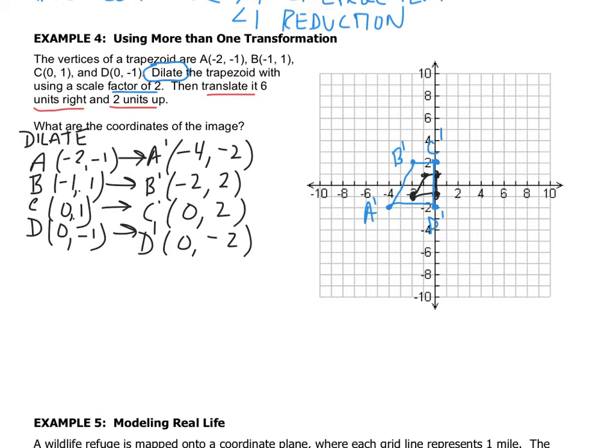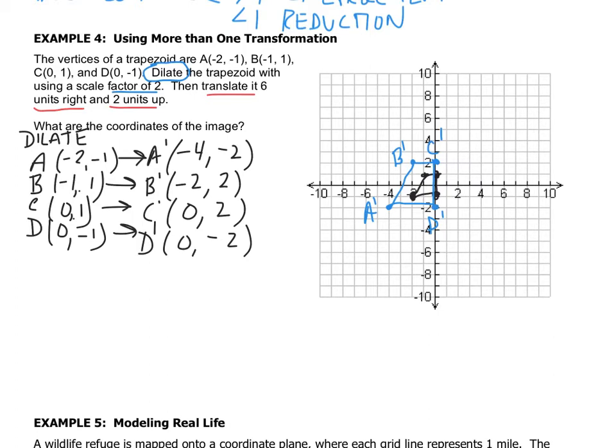But notice that the black trapezoid is my original shape. Then I have the A prime, B prime, C prime, D prime in blue as the new enlarged dilation. And again, please notice, same shape. It looks like the exact same trapezoid, but it is definitely bigger. So the shape has gotten bigger.